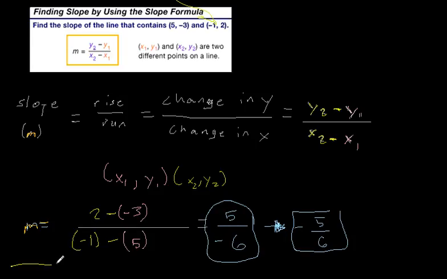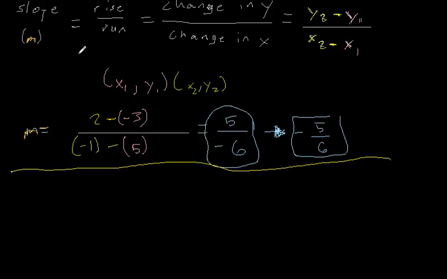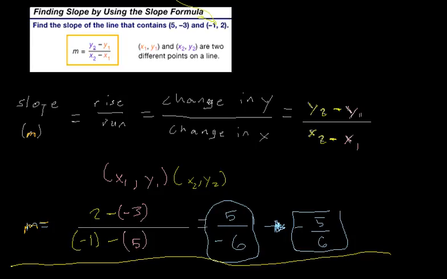Hey, and from here, I'm going to make a common mistake and just change this up a little bit to show you something that a lot of people do. Let's reuse these ordered pairs again. Our ordered pairs were 5, negative 3, and the other was negative 1, comma 2.